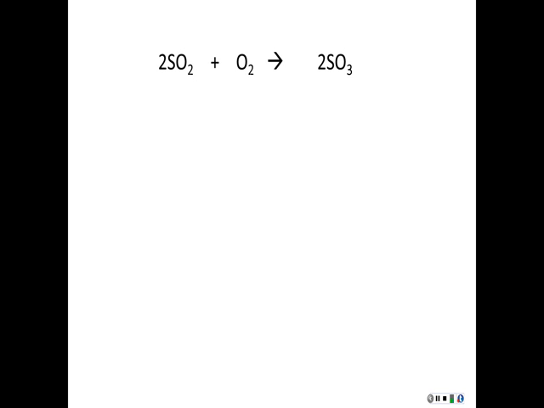Okay, the next one we have, again, sulfur dioxide reacting with oxygen, giving us sulfur trioxide. Okay, taking everything apart, here are our oxidation numbers. So each oxygen is -2. There are 4 of those altogether. And we have 2 sulfurs. So for the total charge to be 0, the sulfur must be +4.